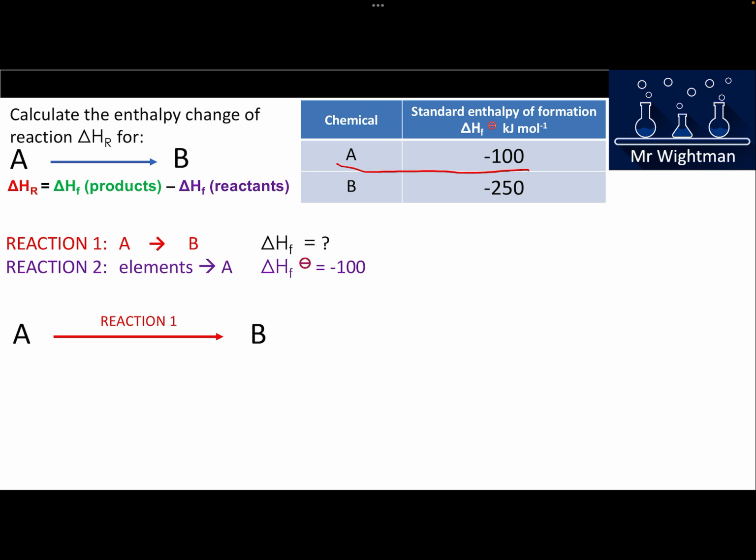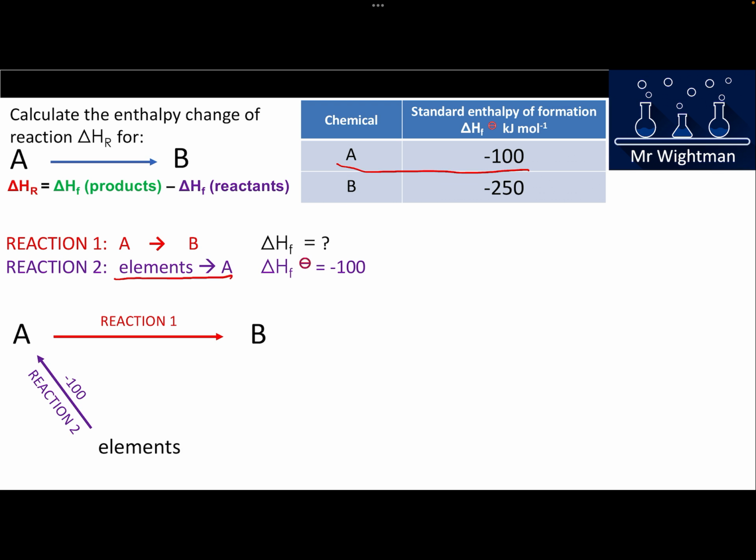Delta HF of A is going to be forming element A, or compound A. So elements forming A is an enthalpy change of minus 100, and so elements becoming A is a route in which, as a reaction, elements become A, and so I write my arrow in this way pointing towards A, because that is the equation I'm trying to merge together with my existing one.